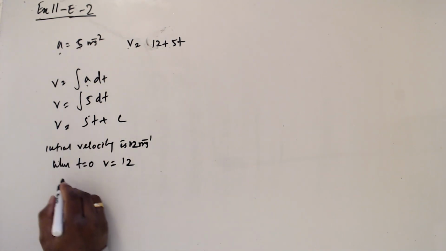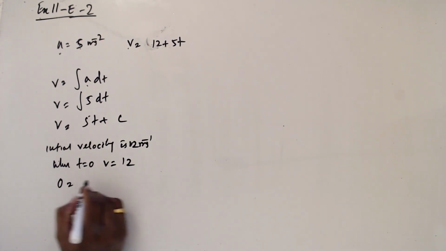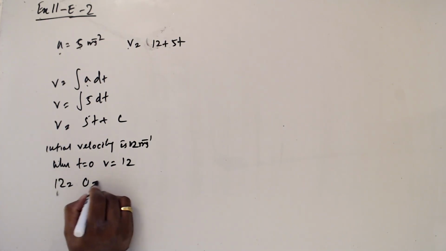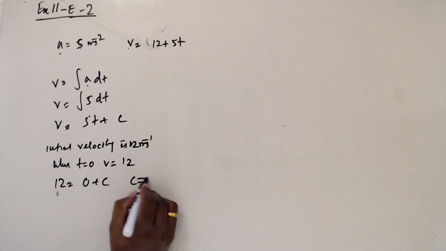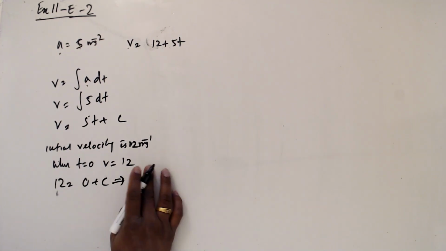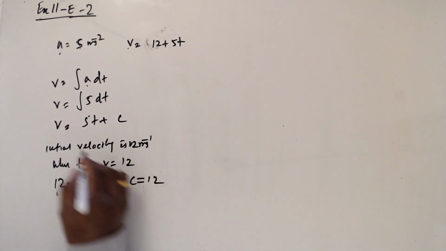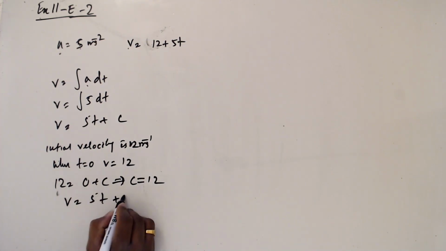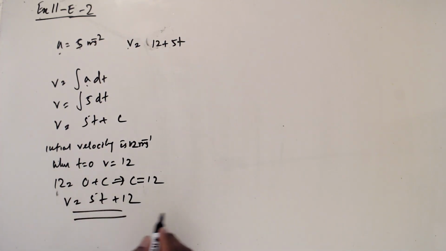So we'll substitute here. So 12 equals 0 plus c. This will give c value is 12. Then we know the equation is 5t plus 12. So that is part A.